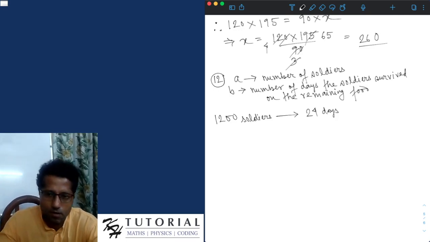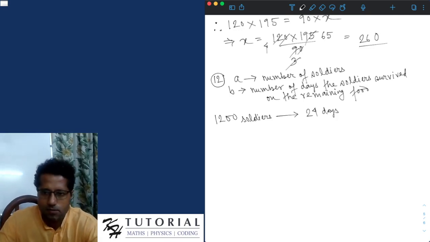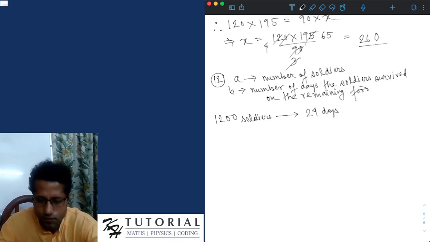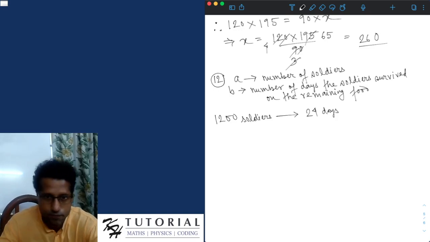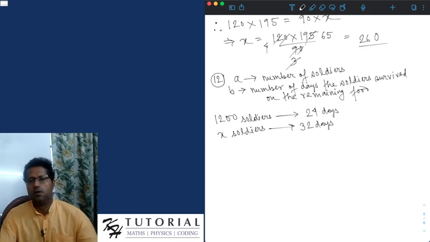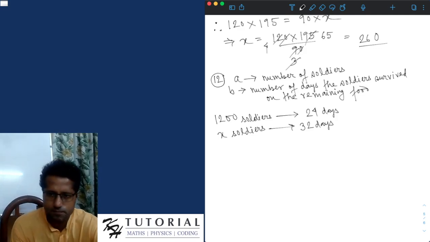Now the second data is that after 4 days, some soldiers were transferred, and then after transferring the soldiers, the remaining food lasted for 32 days. So let's say X soldiers were served by the remaining food in 32 days.